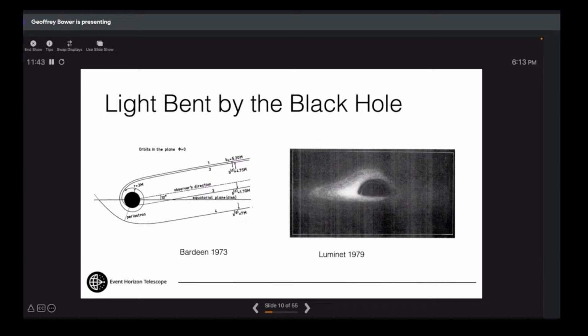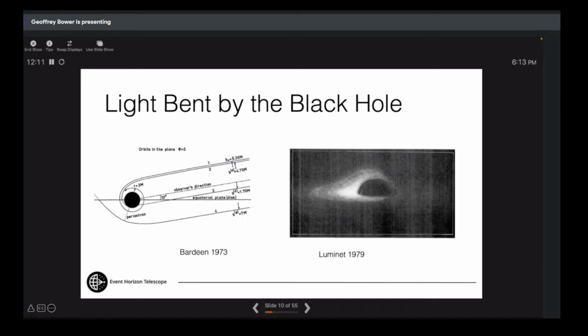That's that circle that you see there, the radius at which photons will orbit the black hole. And just outside of that, photons get lensed into this ring, which is about 10 times the Schwarzschild radius, 10 times the gravitational radius.